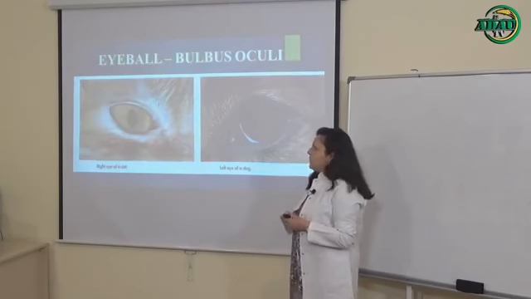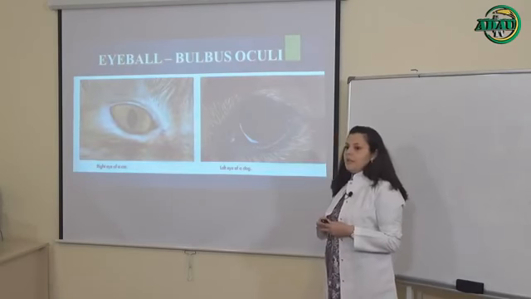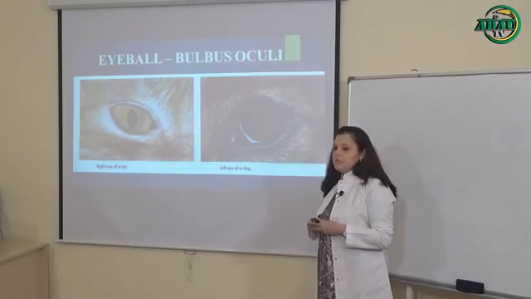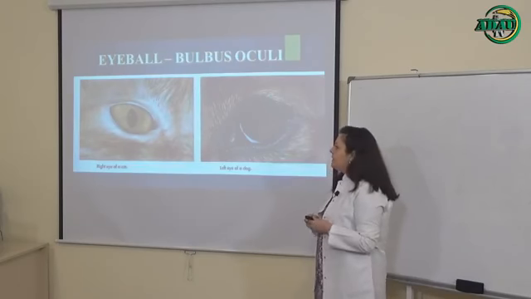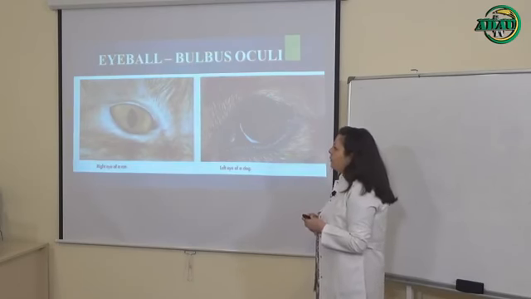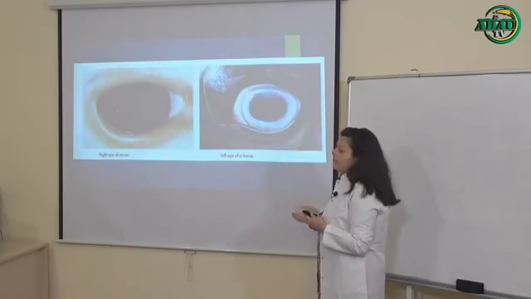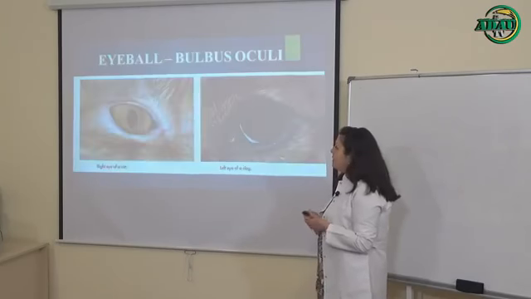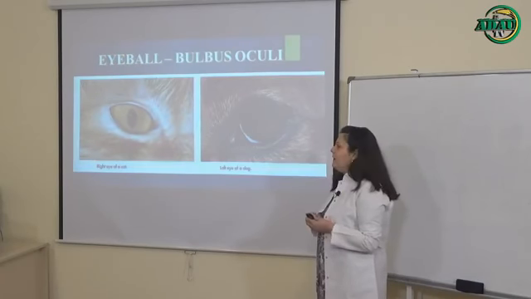The shape and the size of the eyeball is very different, depending on the species of domestic animals. Here you can see the eyeball of the cat, dog, ox and horse, and you can see that their shape is really very different, as well as size.